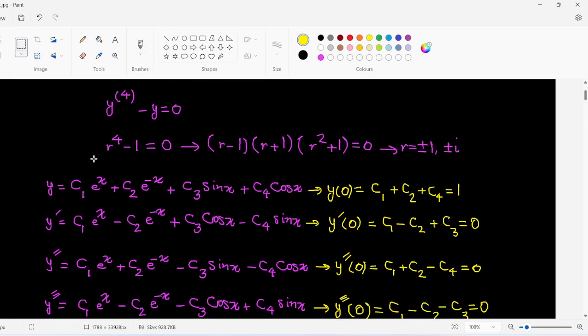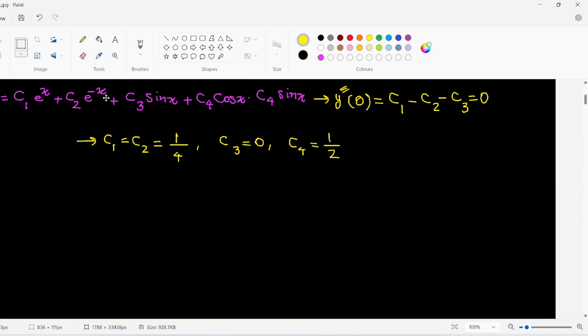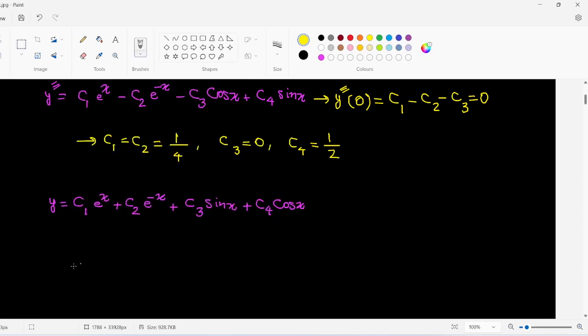Plugging these values for these 4 constants gives us the final solution. So we get y as, I can factor out the quarter from the first 2 terms, e to the x plus e to the negative x, c3 is 0 and c4 is half, so we get half of cosine of x from the last term.